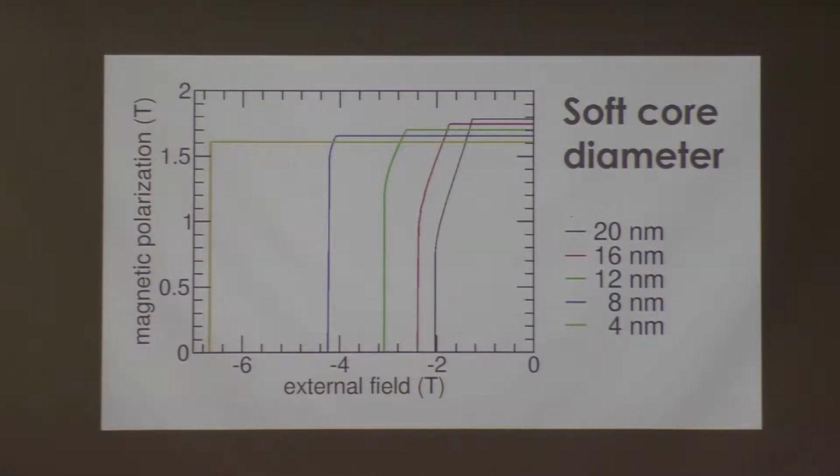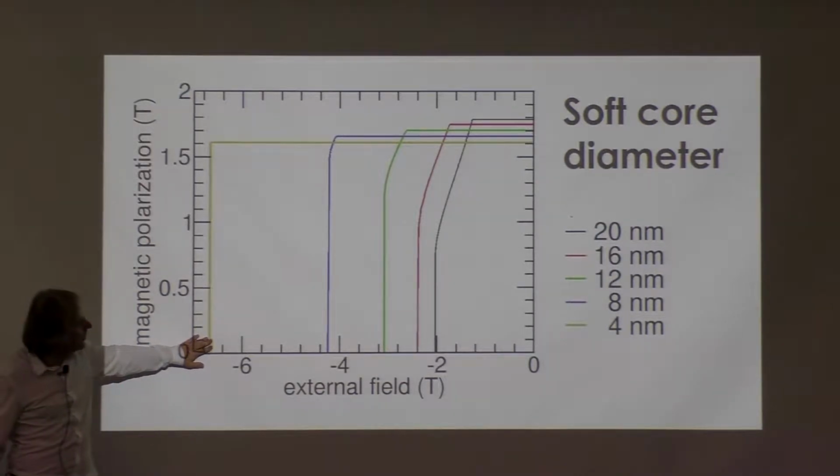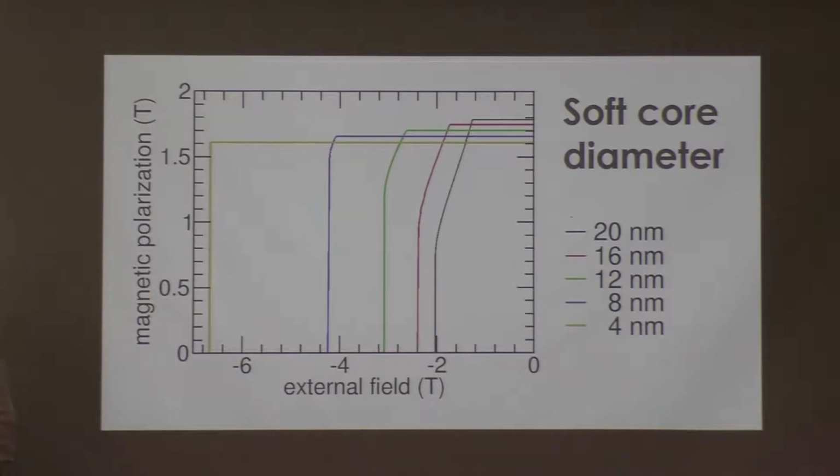Now, the advantage of simulations is that we can play around with the properties. For example, we can keep the thickness of the hard magnetic shell at 4 nanometers and then change the diameter of the soft magnetic core. And then you immediately see that the larger the diameter of the soft magnetic core, the lower the coercive field.